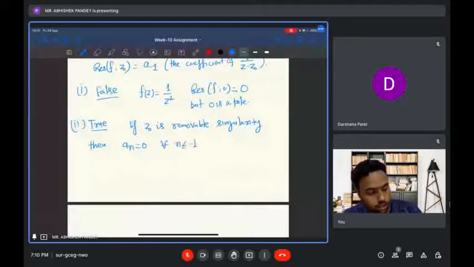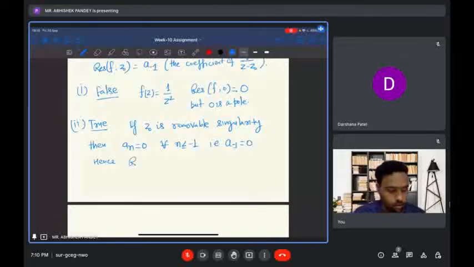That is, a minus 1 equals 0, and hence the residue of f at z naught is 0.